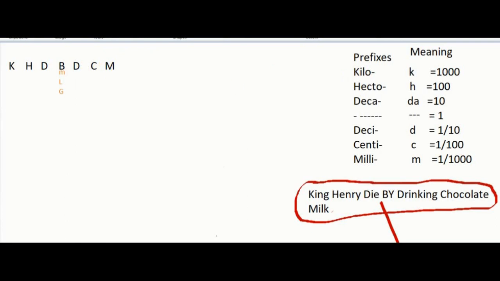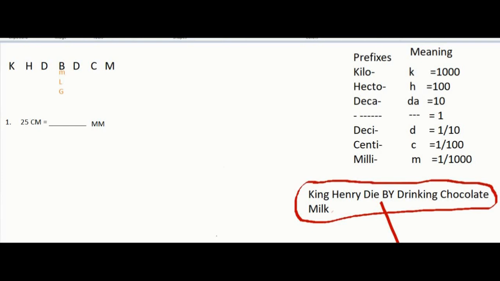So we are going to do some examples so that you can get a better understanding about this. So let us try this example. We have 25 centimeters and we want to convert this to millimeters. So we are going to convert a bigger unit to a smaller unit.